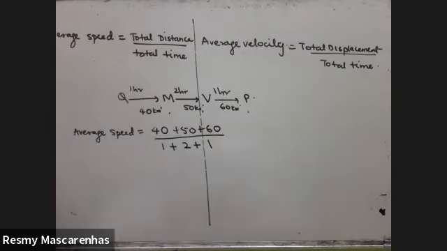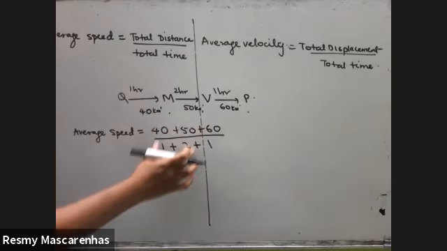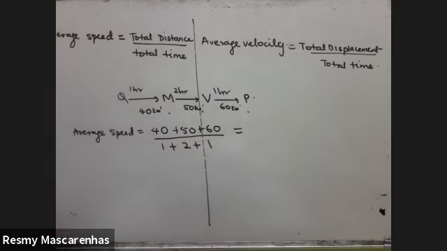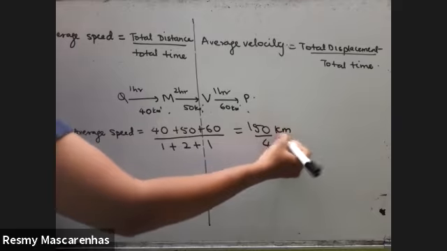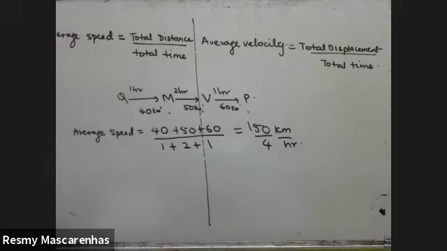So it's like adding all the distances and all the time, and then you have to calculate it. So this would be 150 upon 4 kilometers per hour. This is how you have to calculate an average speed, nothing but the total distance covered upon time.